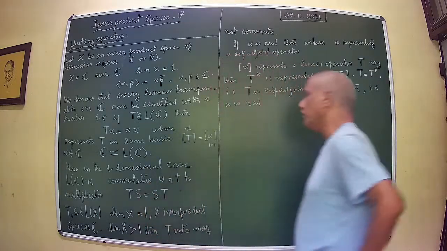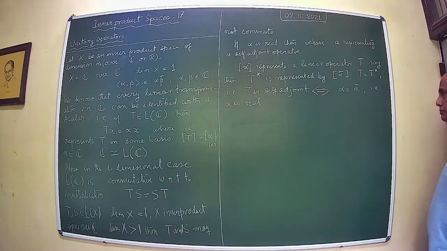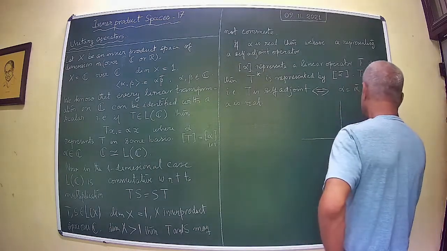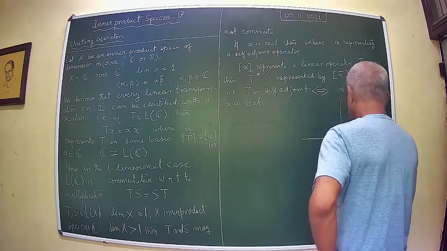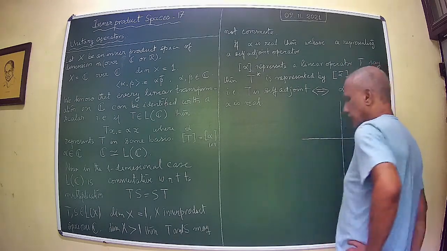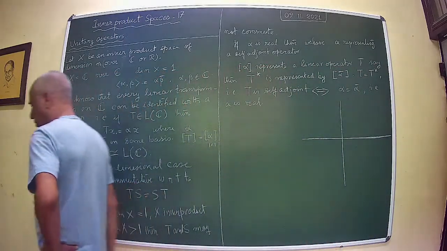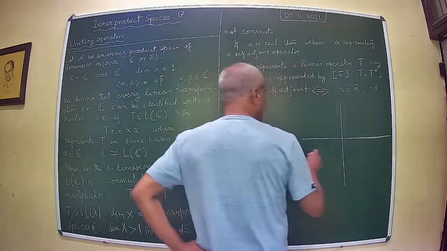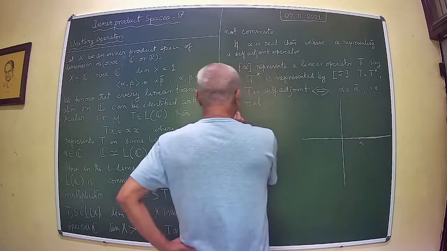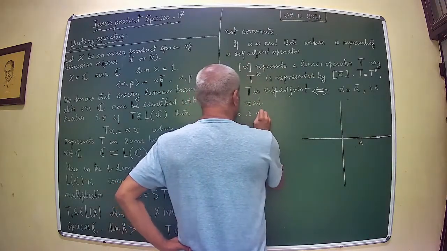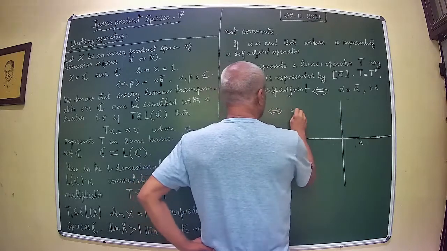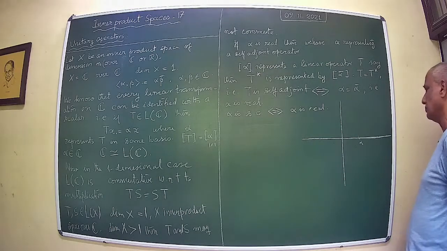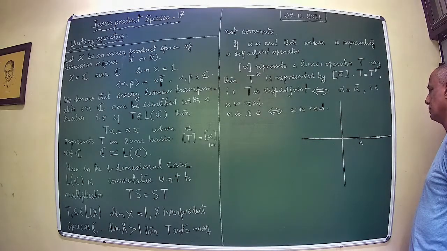Now this is the scenario that you have. Okay. So in the complex plane, you see that all points on the real line correspond to what are called self-adjoint operators, others do not. Okay. This is the result that you get.